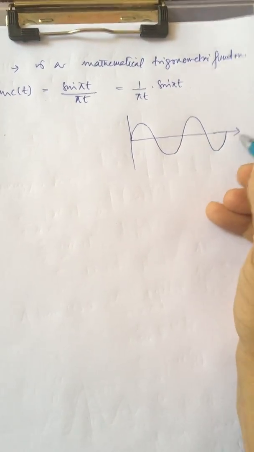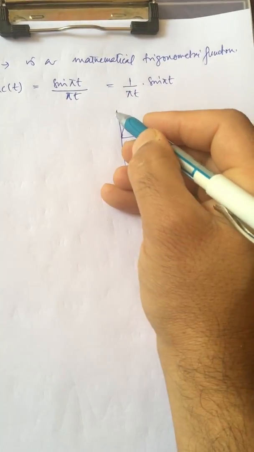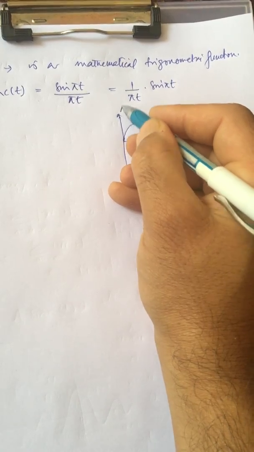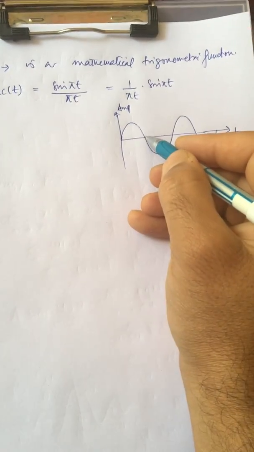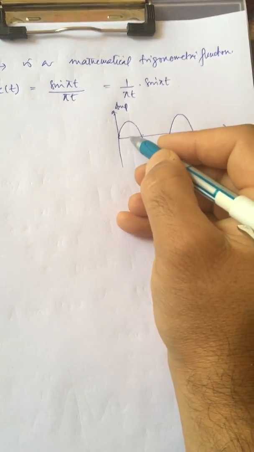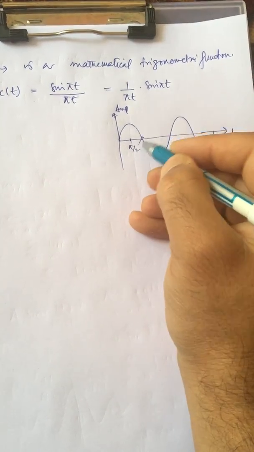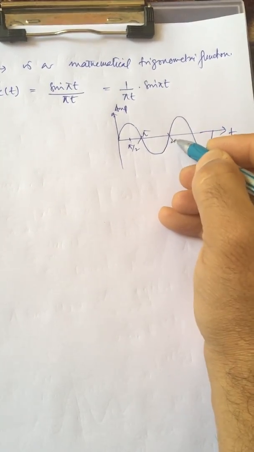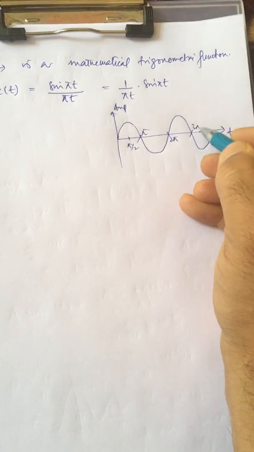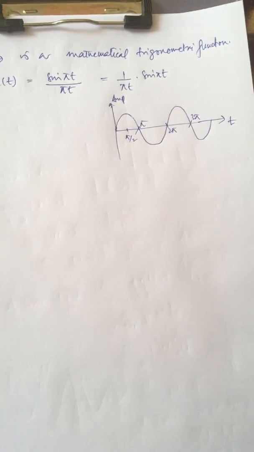This will be pi t, this will be t, and this is the amplitude. So here will be pi by 2, pi, 2 pi, 3 pi. So this will be the graph of a sine function.